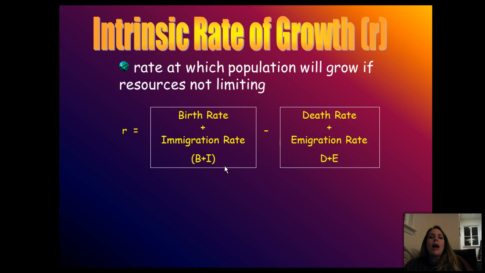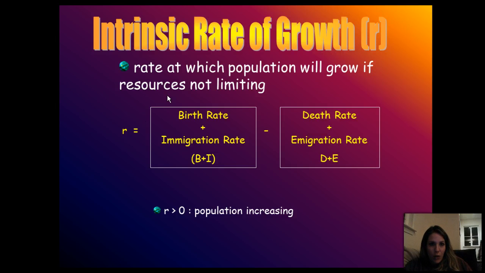So B plus I minus D plus E equals r. Your intrinsic growth rate, your biological potential to increase your population, is individuals coming in minus those leaving.